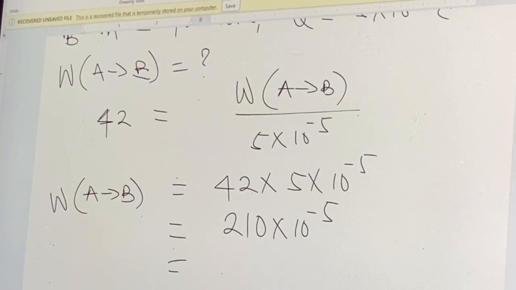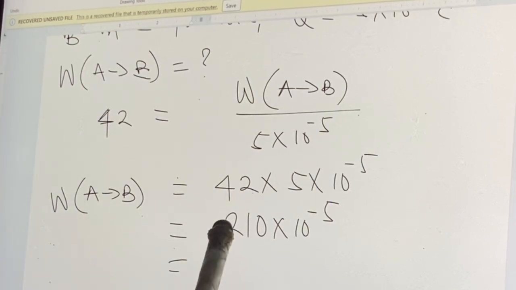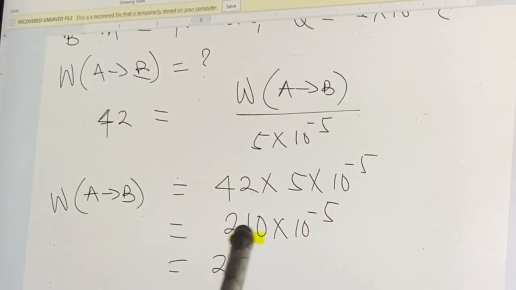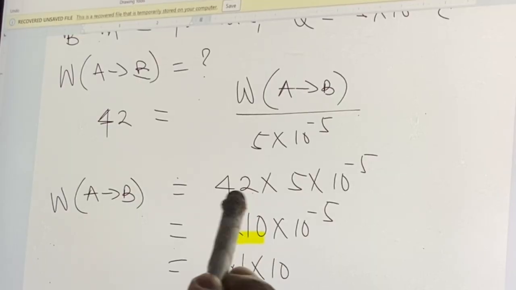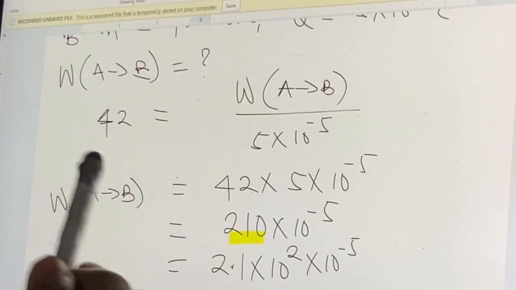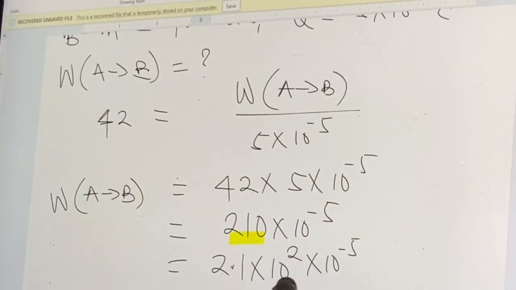Making everything to be in standard form, this is going to be 2.1 times 10 to the power of 2 times 10 to the power of minus 5. From the law of indices, this is 10 and this is 10.